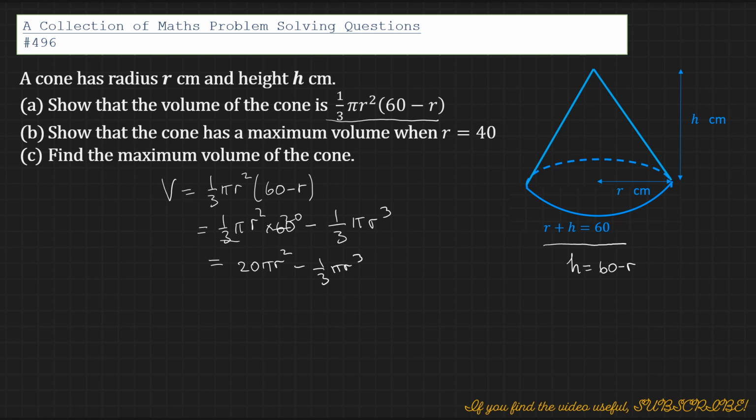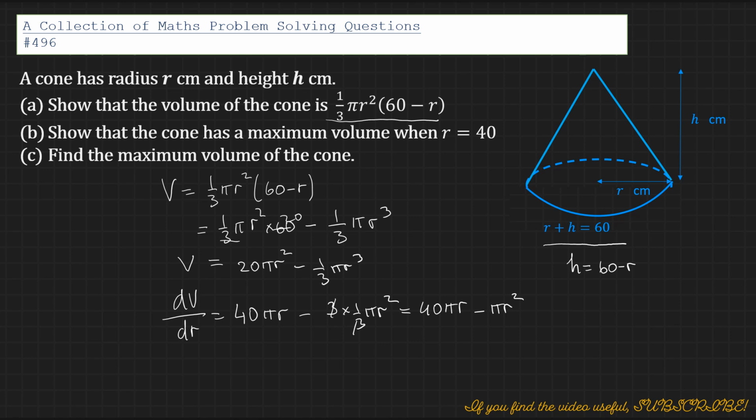I find this easier to differentiate. So dV/dr is 40 pi r minus 3 times 1/3 pi r squared, which equals 40 pi r minus pi r squared.